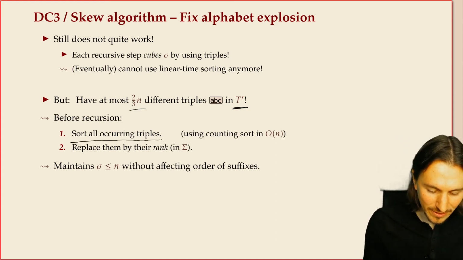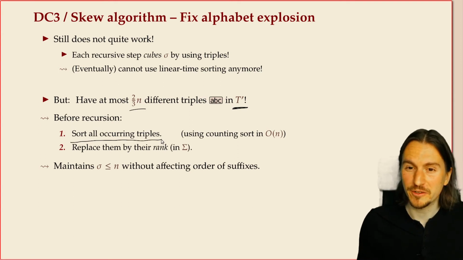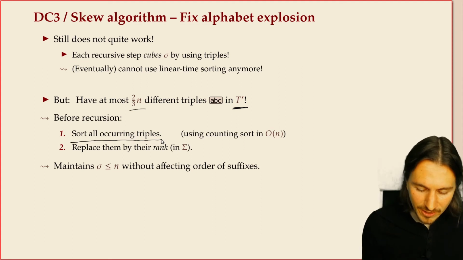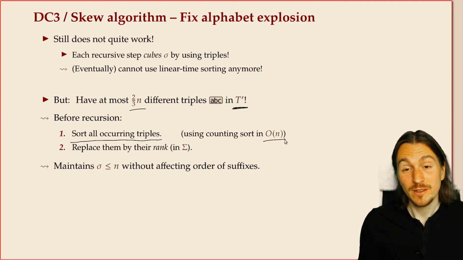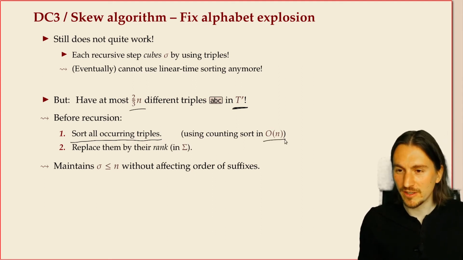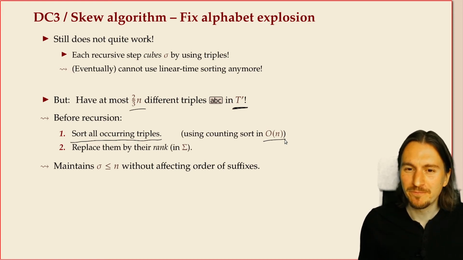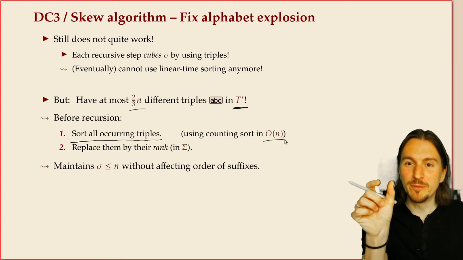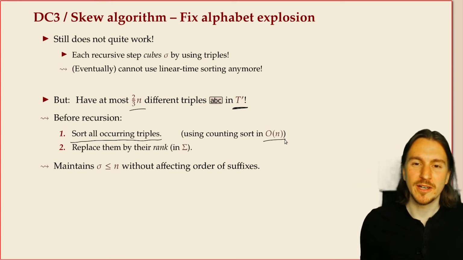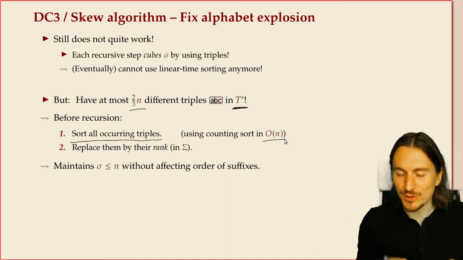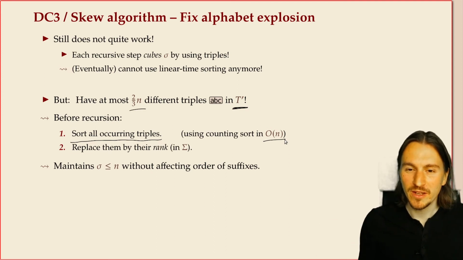So what we do is we take all the triples that actually occur, make a list of these, and then we sort them. This can be done in linear time because in the initial step, sigma is say a constant or even bounded by n, it's order n. So we have triples of numbers that are each from order n. So radix sort with 3 steps, or 3 rounds of counting sort, same thing, can sort any list of such triples. That can be done in linear time.